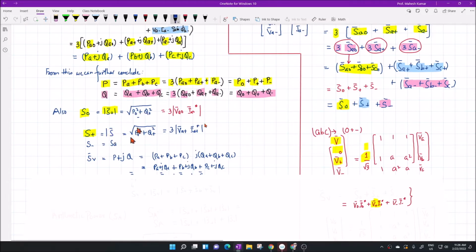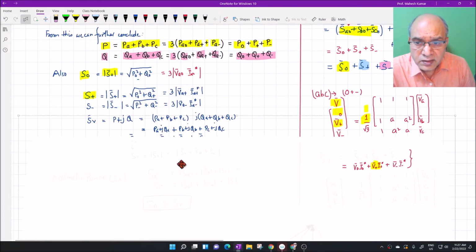So correct it by saying that it is S plus, and this is S minus, and mod of this, which is the same as the square root of P minus square plus Q minus square, and this is also equal to 3 times VA minus and IA minus conjugate and mod of this.